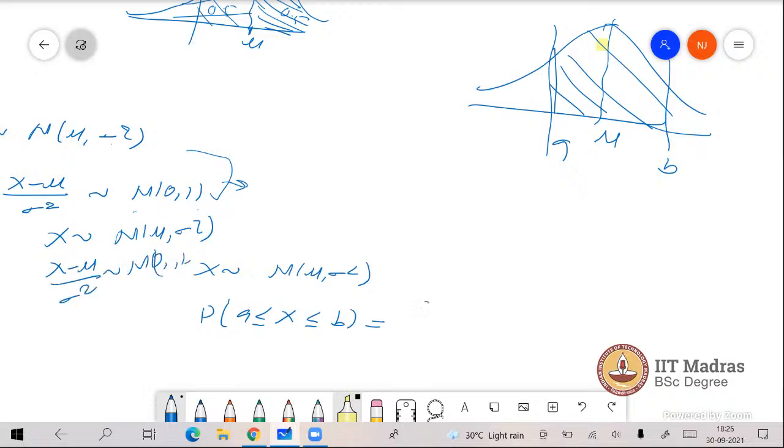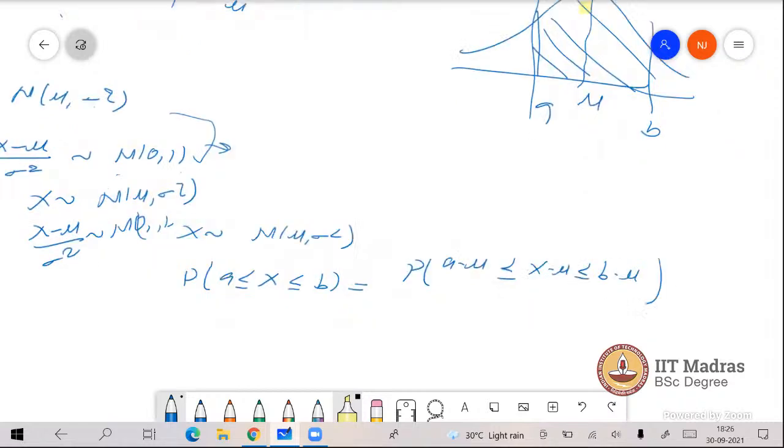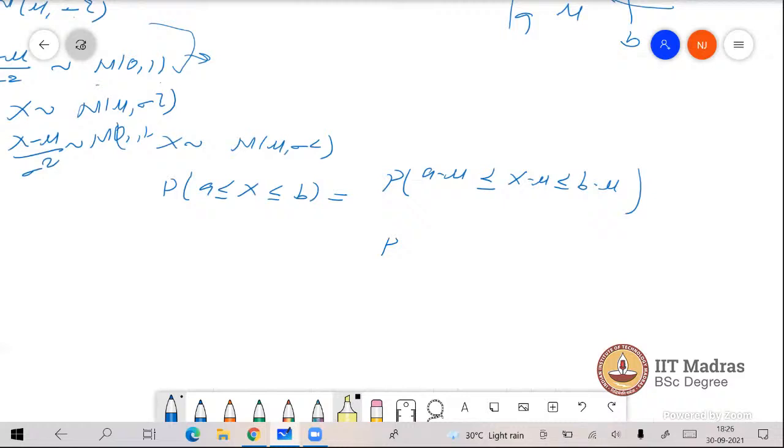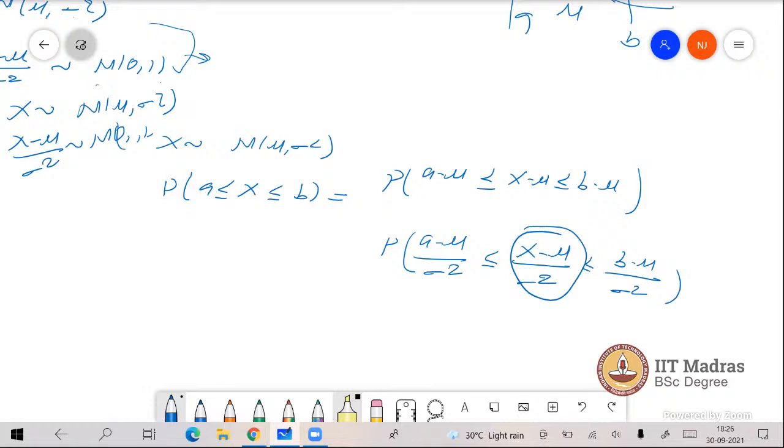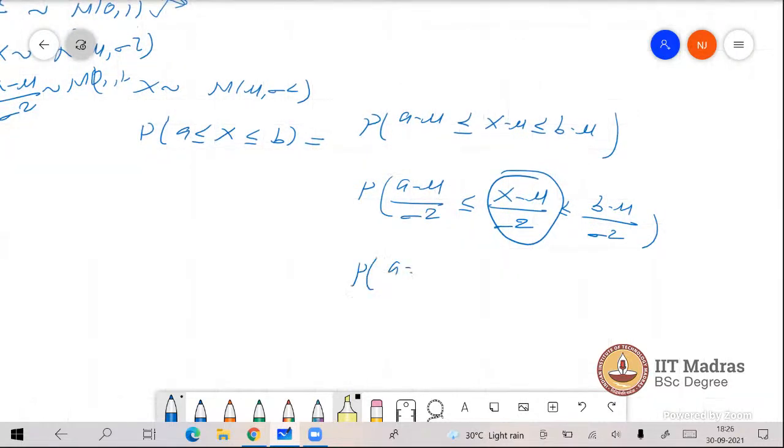So I subtract mu: a minus mu less than x minus mu less than b minus mu. Next I divide by sigma. So this will be (x minus mu) upon sigma less than (b minus mu) upon sigma. And this is normal 0, 1, right?